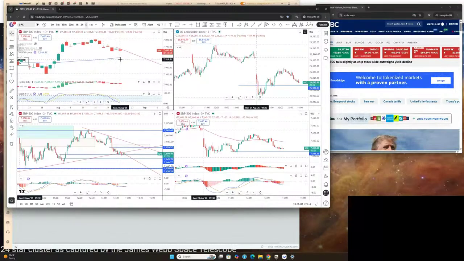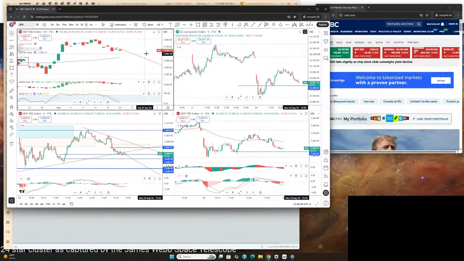If this one breaks, this might actually see this area, but that's very far.